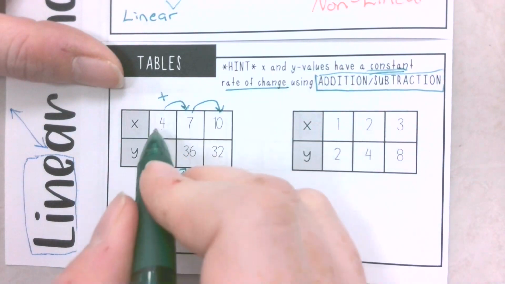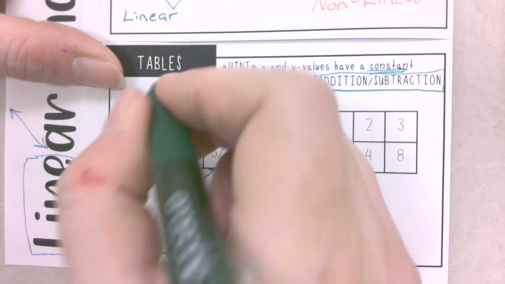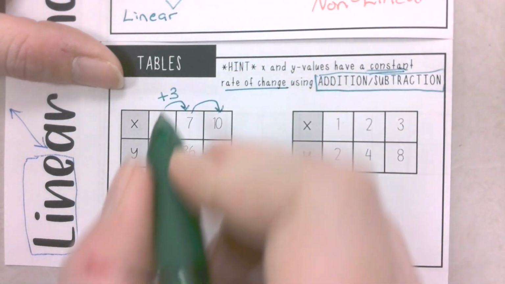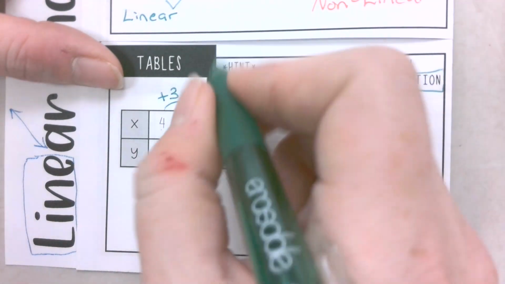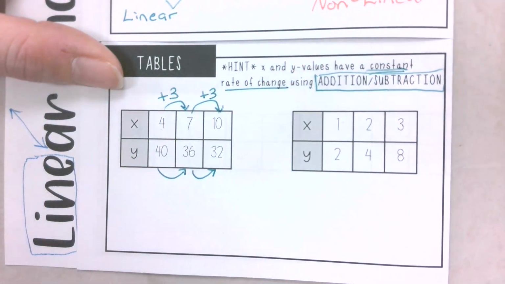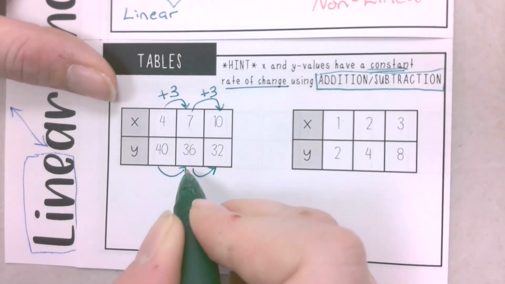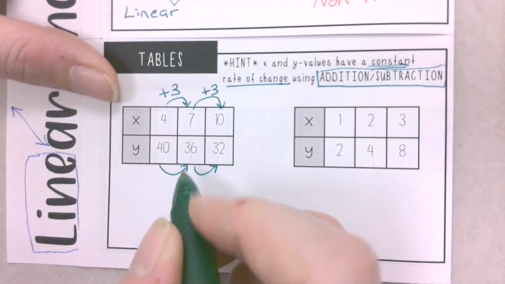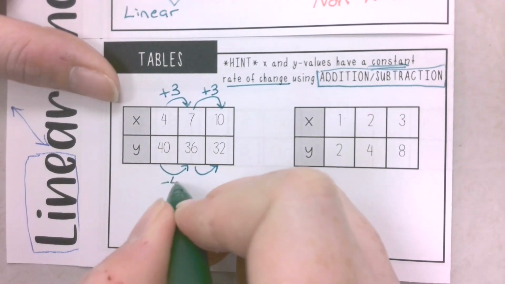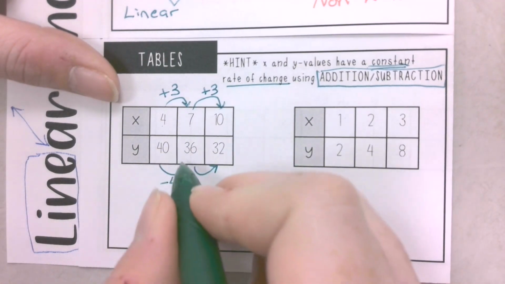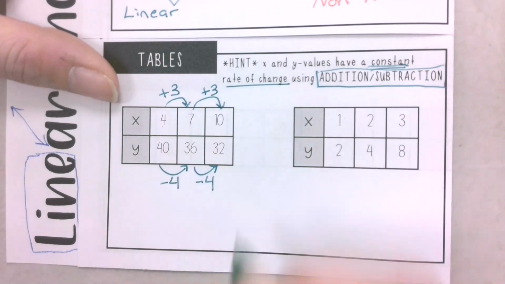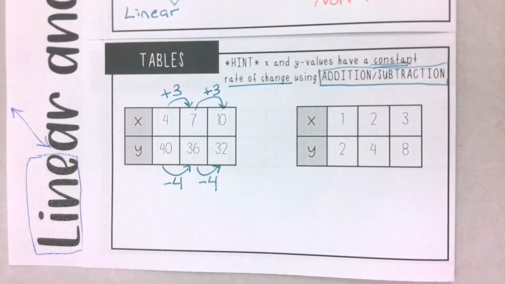4 plus what gets us to 7? Well, 4 plus 3. 7 plus what gets us to 10? Plus 3. 40 plus what gets us to 36? Well, in this case, I hope you notice it's not a plus, but indeed it's a minus. So 40 minus 4 is 36. 36 minus 4 is 32. Do we have a constant rate of change?